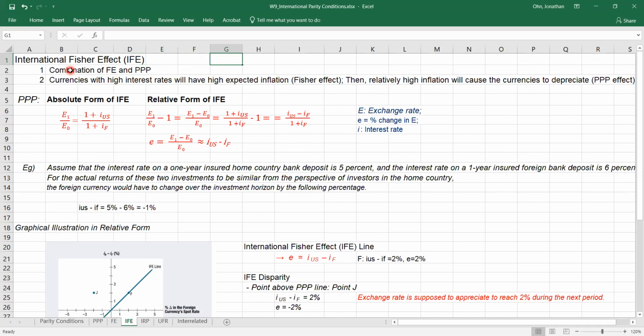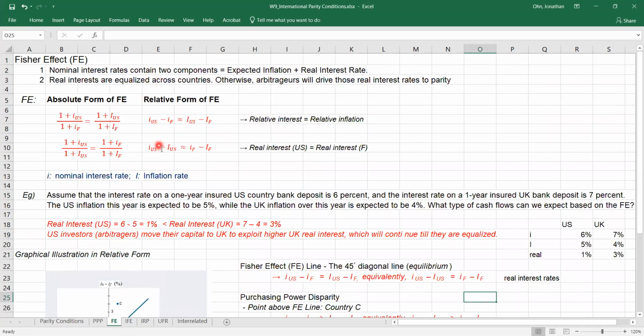You have to go two steps. First, the Fisher effect says relative interest and relative inflation should be equal, or the real interest rates should be equal. So you have to use this idea. Let's bring that idea in here.